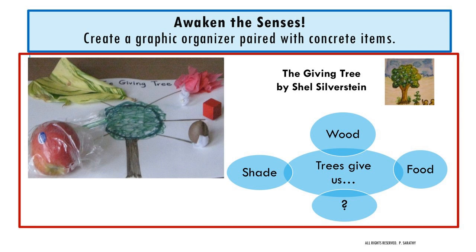And your student with severe multiple disability may touch the object, may point to one thing that the tree gives, or make a choice, may have a little choice board that says we get flowers or fruit or something from the tree, but we do not get a car from the tree or a bus from the tree, something totally inappropriate, so that they make that choice because they have seen this graphic organizer.